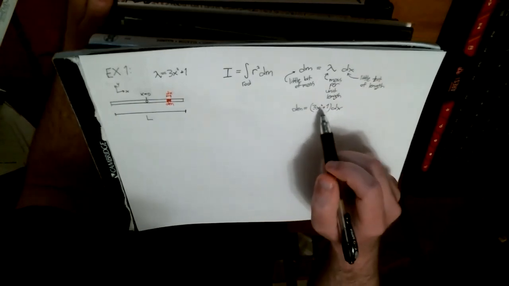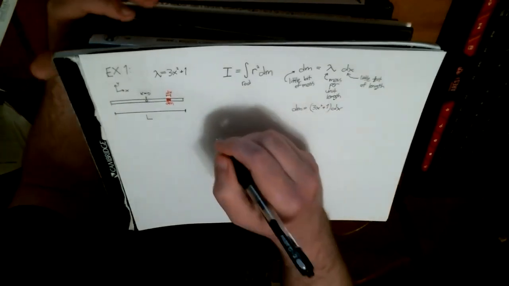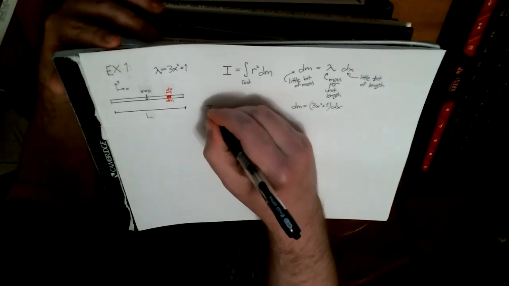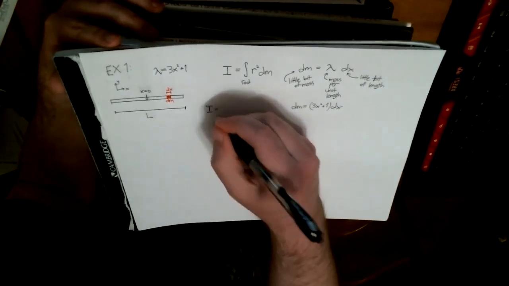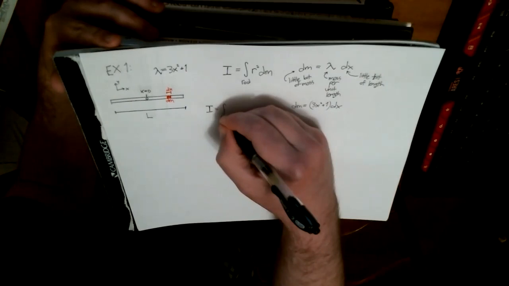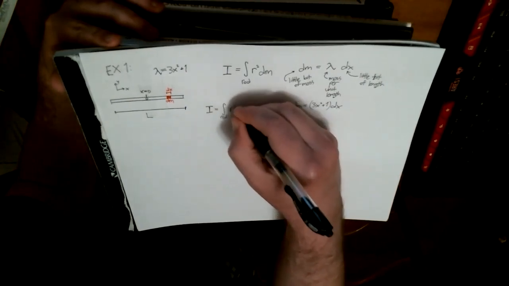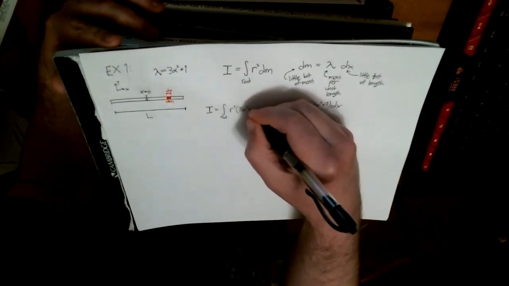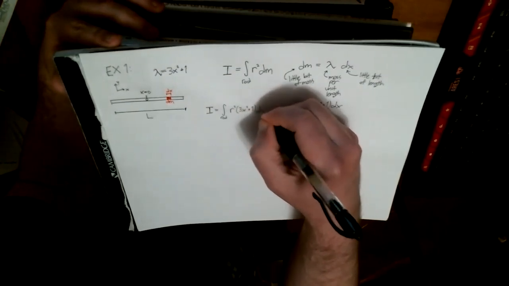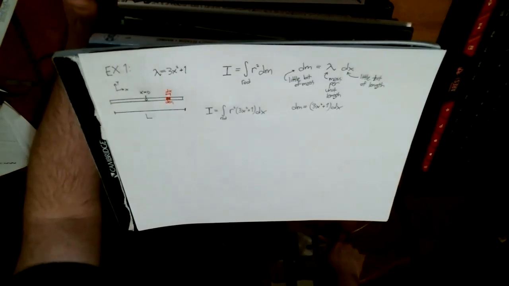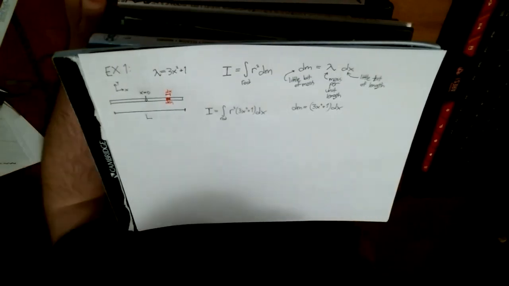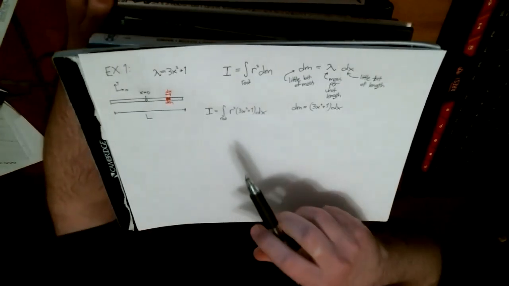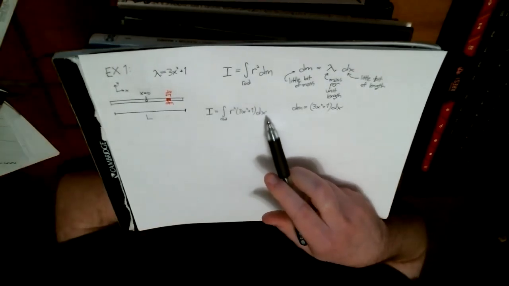So now we put this differential mass element back into our integral. Our moment of inertia integral is now the integral over the body of the rod of r squared times 3x squared plus 1 dx. So we've got our dm, the differential mass element, in terms of the differential length element dx instead.